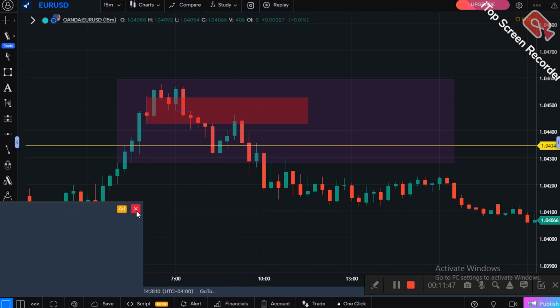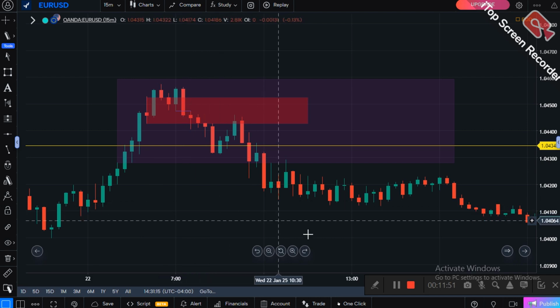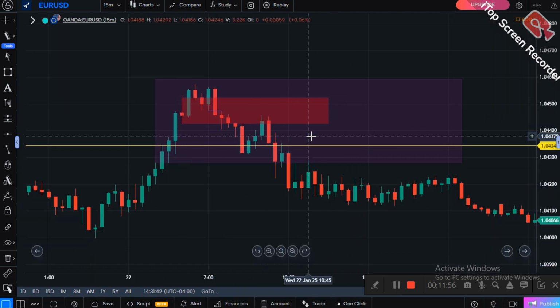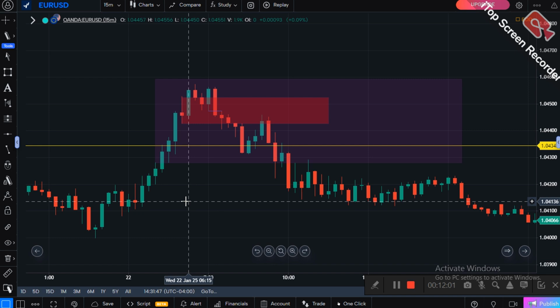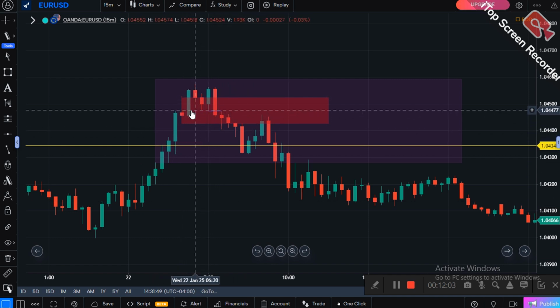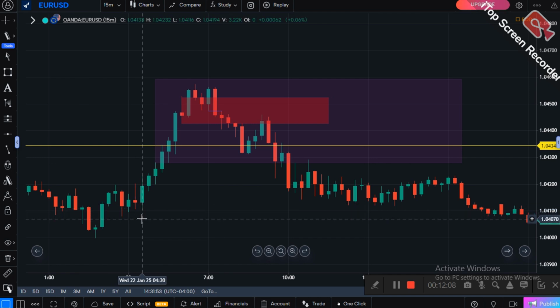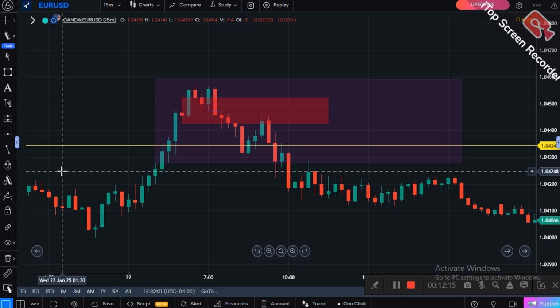After that breaker block, you have to do an OTE entry in this model. So guys, this is our breaker block, the first confirmation. And the fourth confirmation is that we have to do some OTE and Fibonacci, which I told you about in the first and second episode of this mentorship.